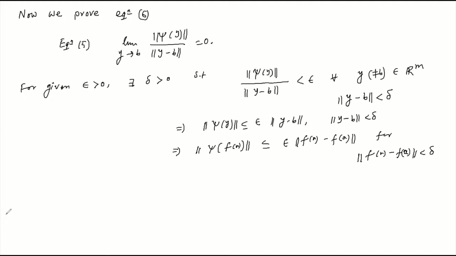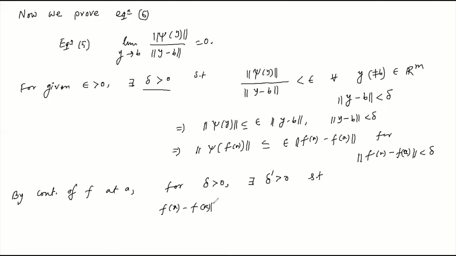So using the property of continuity of f at the point a, for this delta greater than 0, there exists some delta prime greater than 0 small enough such that the norm of f of x minus f of a is less than delta whenever x minus a has norm less than delta prime.